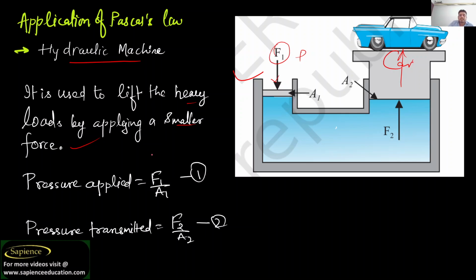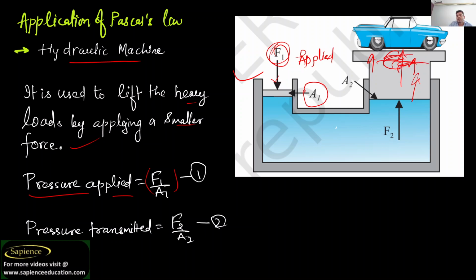Now let us consider the pressure applied. This is your applied pressure and this is the result of lifting. Here no one is applying force, so it is the result or outcome. If you are applying a force of F1 on an area of cross section A1, then the pressure is transmitted to the load, the car.